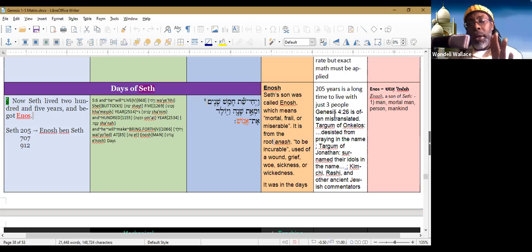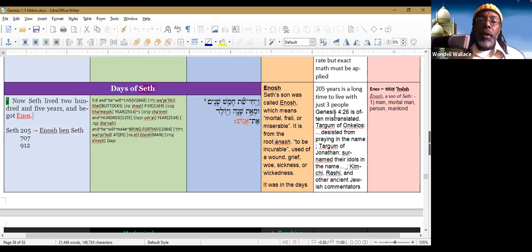I can't remember, it's just a lot of stuff to remember. Trust me. So that one says desisted from praying in the name, or the most holy name. Then that's what that verse should say: when Enosh was born, men started to desist from praying in the name. And Targum of Jonathan says, when Enosh was born, men started to name their idols in the name.